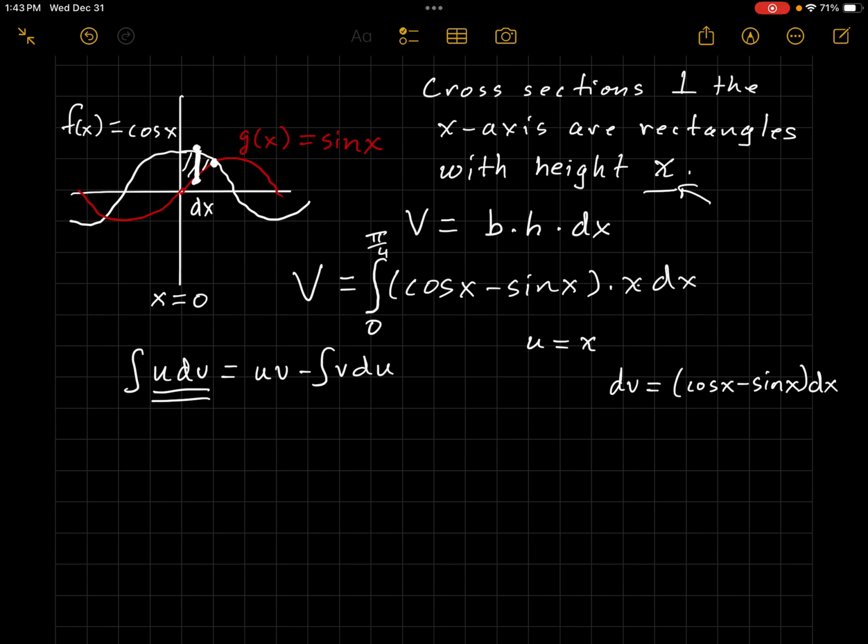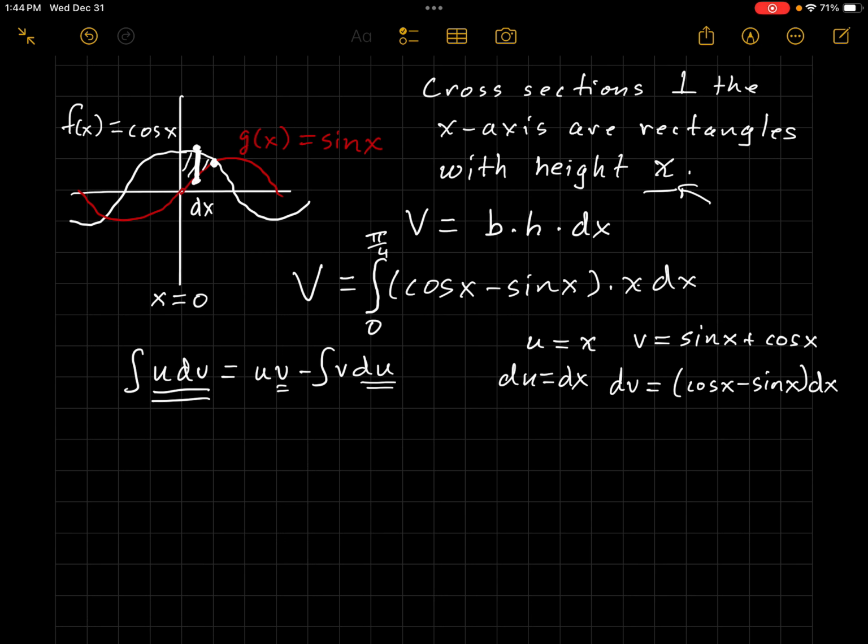Now over here, I need to find v because I don't have that yet, and I need to find du because I don't have that yet. So du is simply dx. And then v is the antiderivative of dv here, so I have sine x plus cosine x. We don't need the plus c, not at this point.